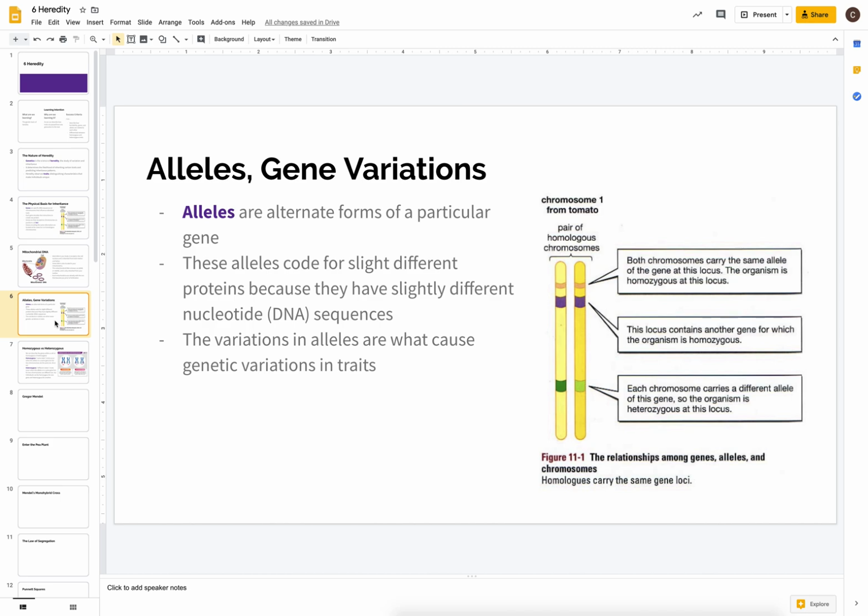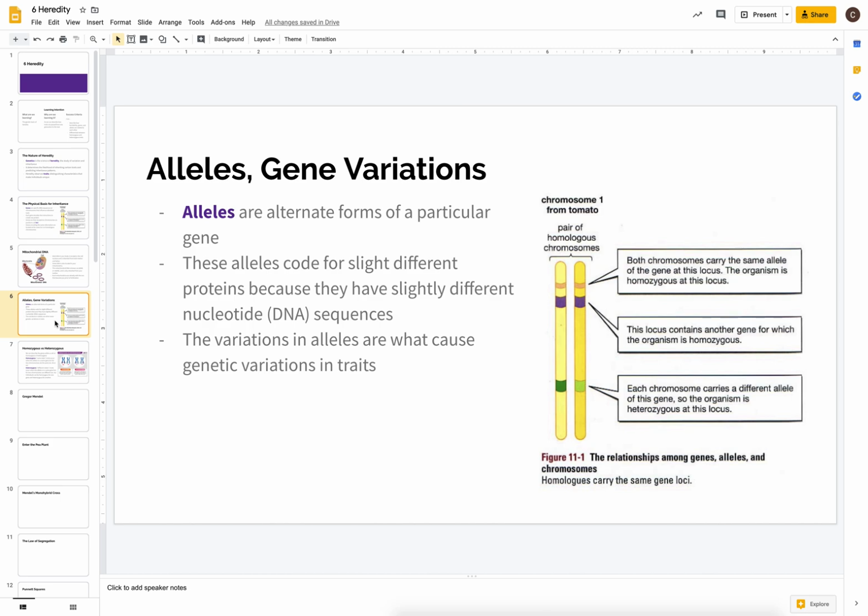So for example, the differences in hair color that we see across the human species are caused by different alleles encoding for different proteins that change the way that our hair reflects light. So that's why some people are blonde, some people have brown hair, some people have black hair, some people have red hair. Each one of them is caused by a different allele.